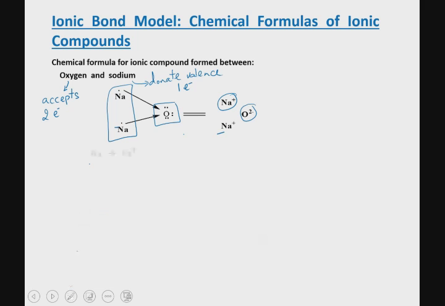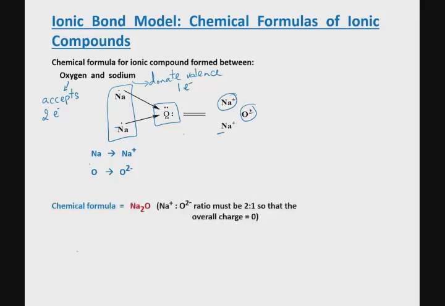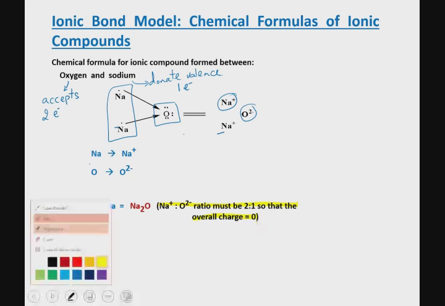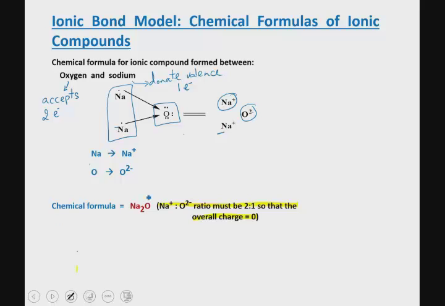So, just stating that same thing again, the sodium atom will donate one electron. Oxygen, on the other hand, wants to take two electrons, and therefore, in order to balance out the total positive and the total negative, the ratio of sodium ions to oxygen ions in this case must be 2:1. In other words, we need two sodium ions to combine with one oxygen ion, which means that the chemical formula of this compound is Na2O.